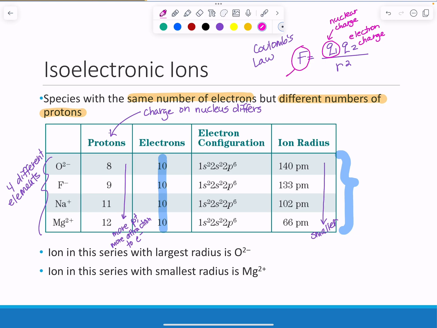And this is the force of attraction that the protons in the nucleus have for the electrons. That's the context in which we're using this equation.